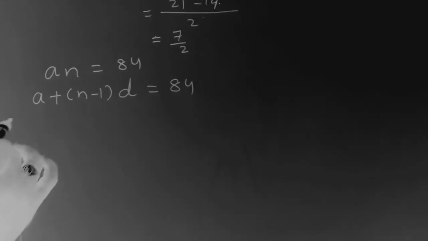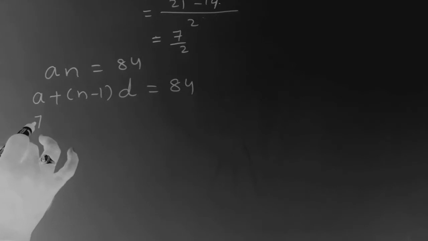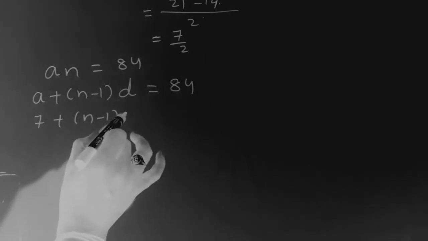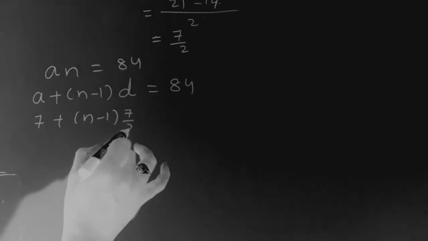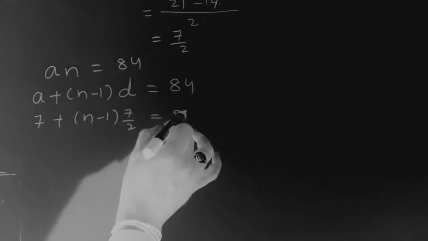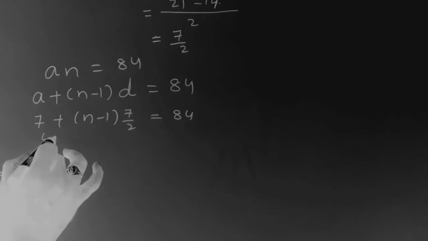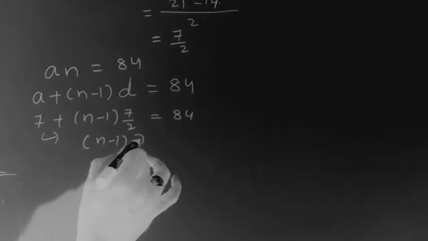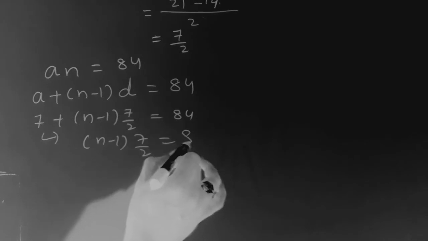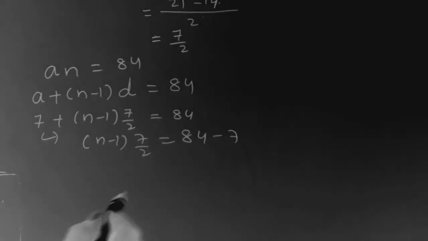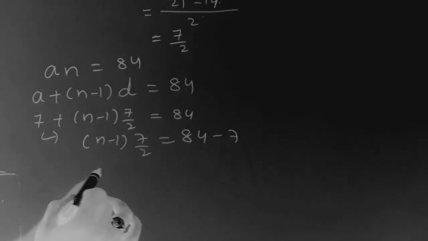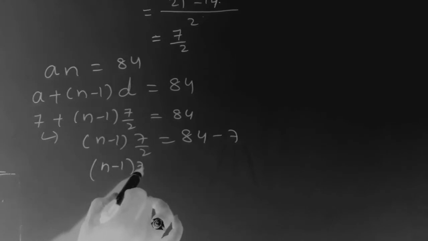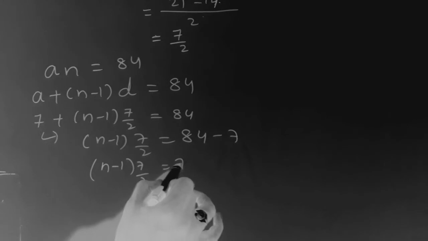So now what is a here? 7, the first term, n minus 1, where d is nothing but 7 by 2, that is equal to 84. Send this 7 to the right side, what happens? n minus 1 into 7 by 2 equals 84 minus 7. So here this is 77. n minus 1 into 7 by 2 is equal to 77.